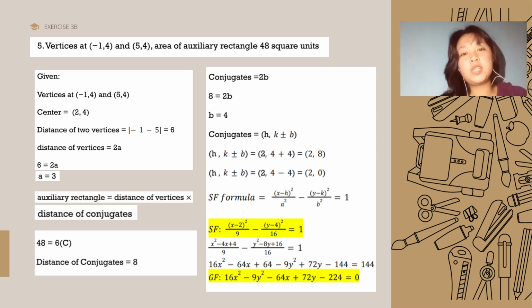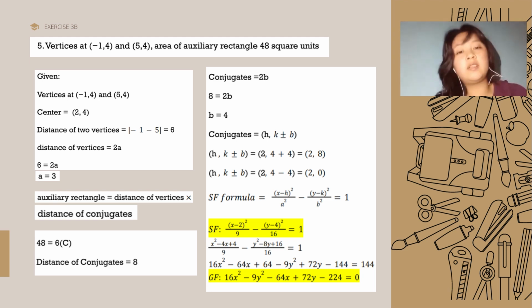So, sabi natin, auxiliary rectangle is equal to the distance of the vertices times the distance of conjugates. Since meron na tayong square units sa ating auxiliary rectangle, we need to find its distance. So 48 is equal to 6c. The conjugate, we need to find the conjugate by dividing the square units sa ating distance of two vertices.